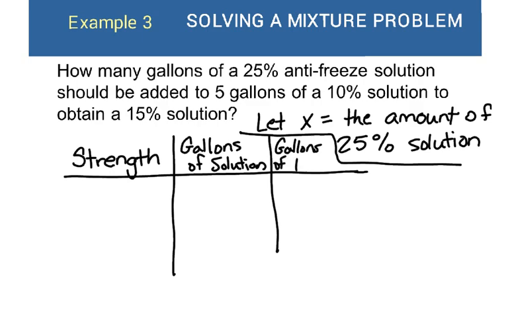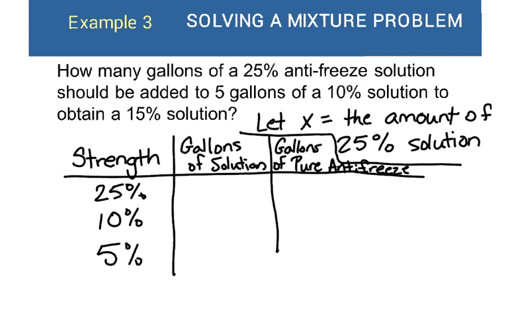Those are the 3 things that we need to figure out here. And our strengths, like I said, are 25%, 10%, and 15%.